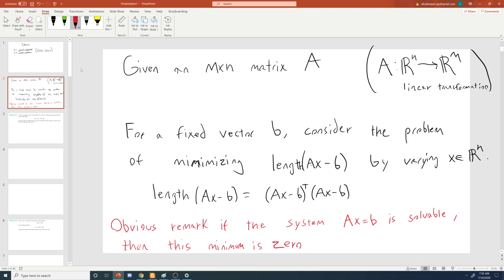Why? The length is always greater than or equal to 0, and if we can solve this system, then we can find a vector Ax minus b that is simply the 0 vector, so it has length equal to 0. So this is the least squares problem.